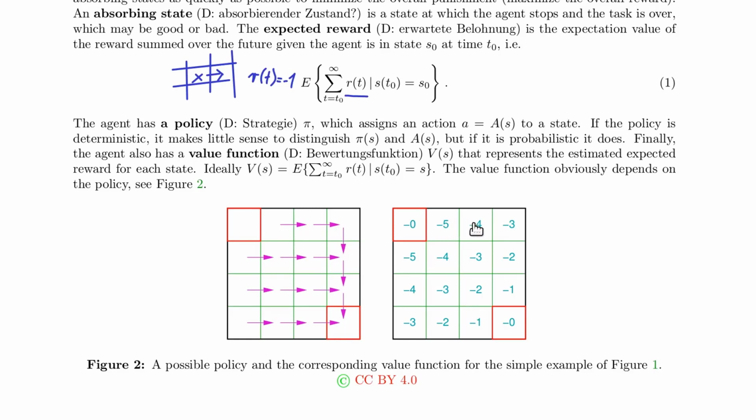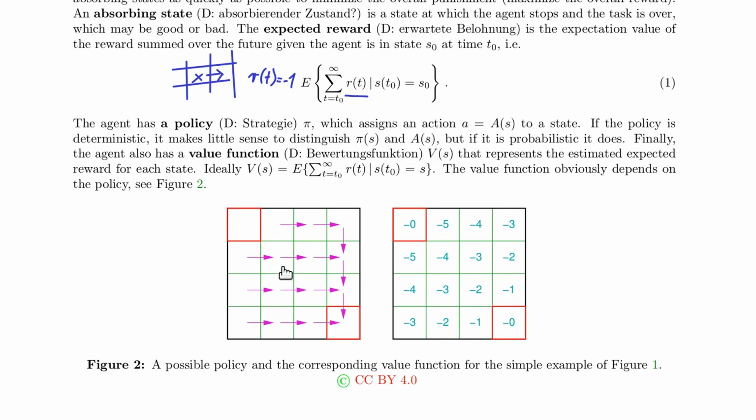And if you do that, we get a reward of -1 for this step, -1 for this step, etc. So we add 1, 2, 3, 4, 5 steps which add up to an expected reward of -5. That's why this state here has the value of -5. So this is a true value of all these states, right? I mean, these states are nearer to this absorbing state. So these are the true values of the states given this policy.